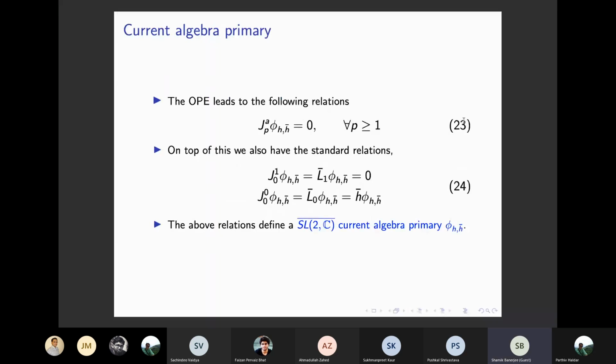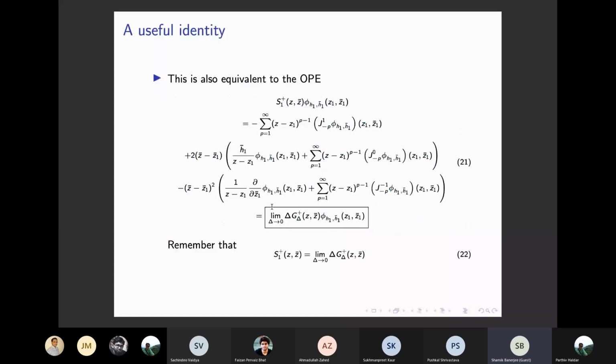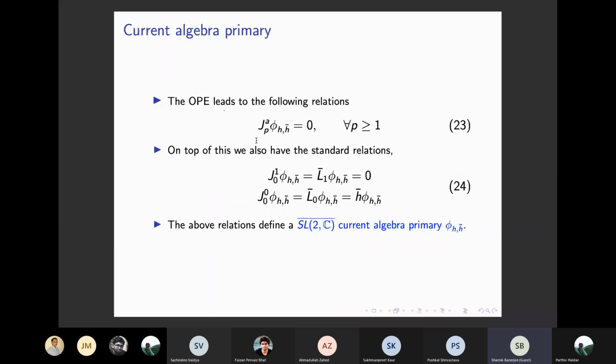Okay, so now if you look at this OPE, from this OPE it follows that you can define a notion of primary fields in this way.